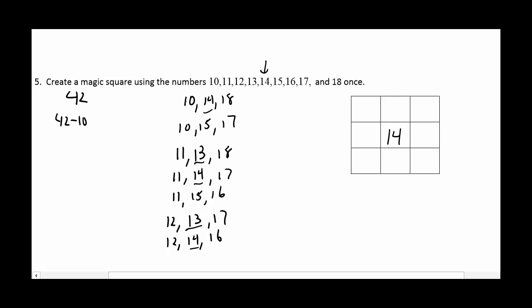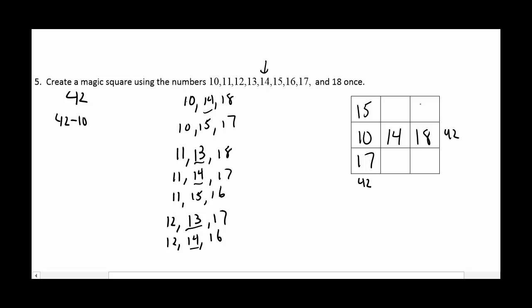And again, we might have to do a little troubleshooting along the way, but I know 10, 14, and 18 have to go together. And 10, 15, and 17, well, the only way 10, 15, and 17 are going to work, if I add that up, and I'm going to just keep track of this, is that it's 42 each time. Let's see, 11, 13, 18.